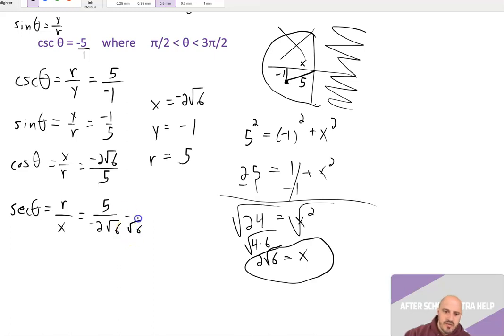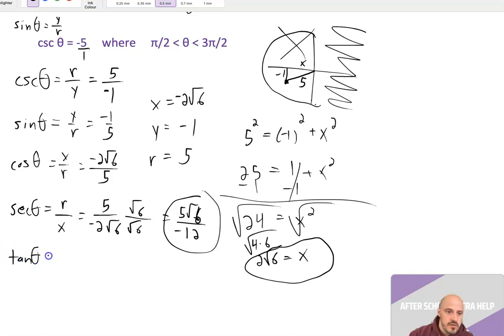No, we're going to rationalize. So I multiply by root 6 top and bottom. So I get 5 root 6 over 6 times 6. Root 6 times root 6 is just 6. 2 times that is 12. And bring along your negative. So I'm looking at 5 times root 6 over -12.